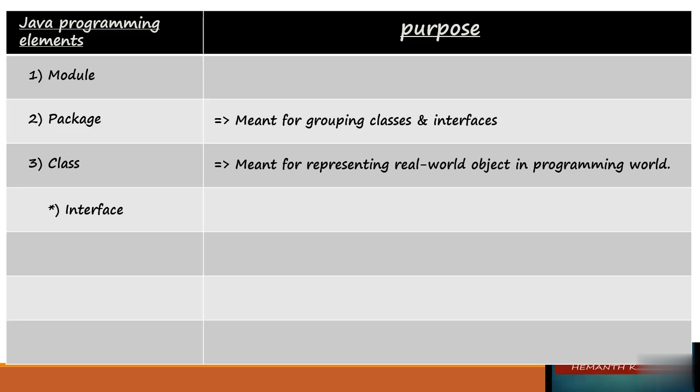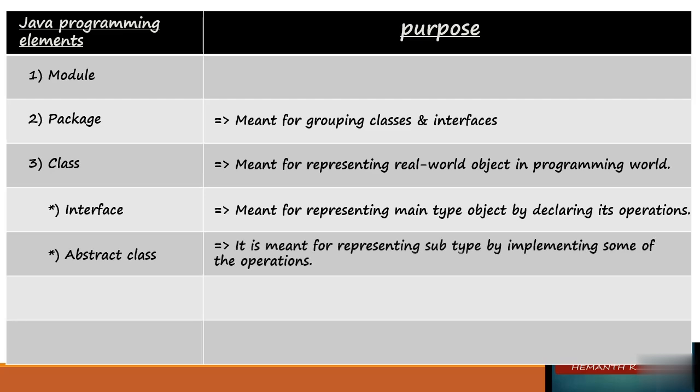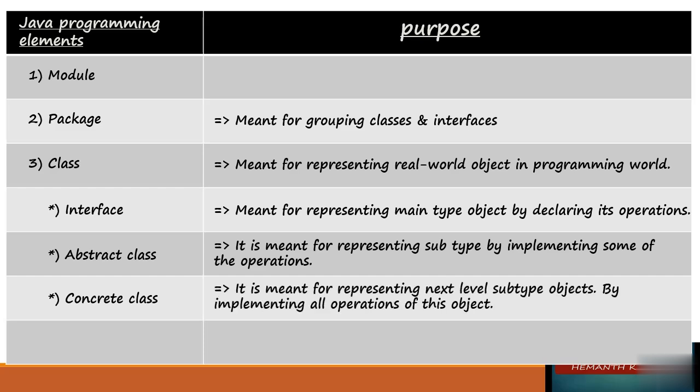We have interface, meant for representing the main type object by declaring its operations. We have abstract class. It is meant for representing a subtype by implementing some of the operations. And we have concrete class. It is meant for representing next level subtype objects by implementing all operations of this object.